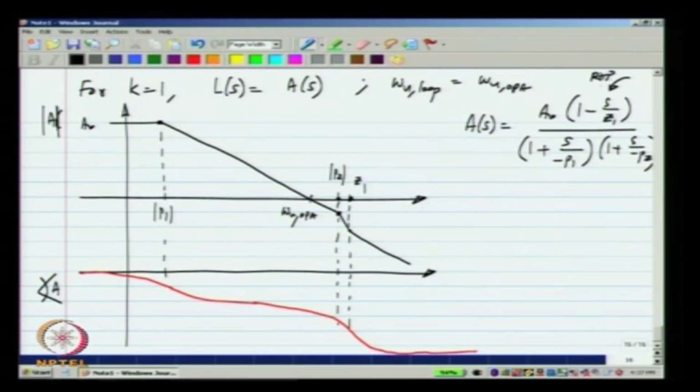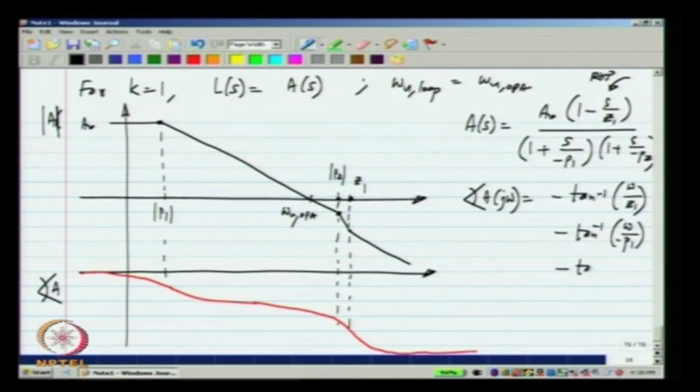Okay. Now, the right half plane 0 introduces phase lag. Okay. If you write the expression for the phase, the angle of A of j omega will be minus tan inverse omega by z1 minus tan inverse omega by p1 minus tan inverse omega by minus p2. Okay.